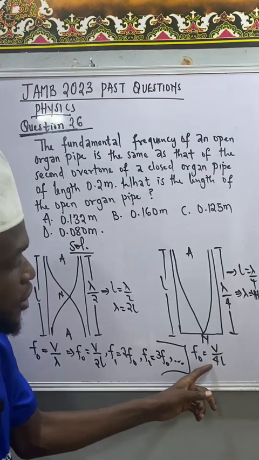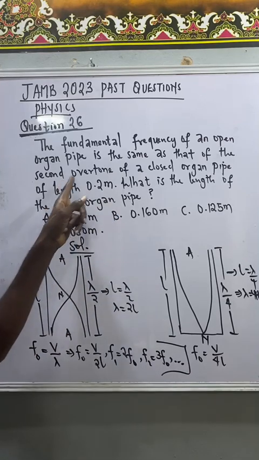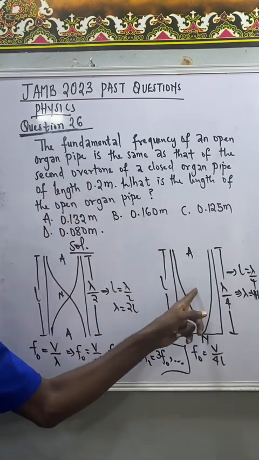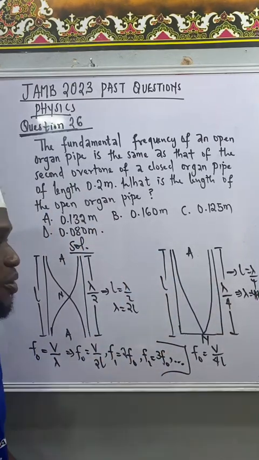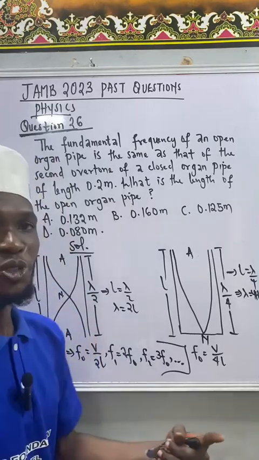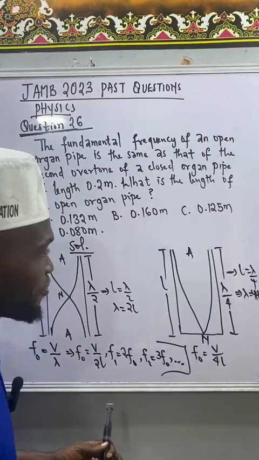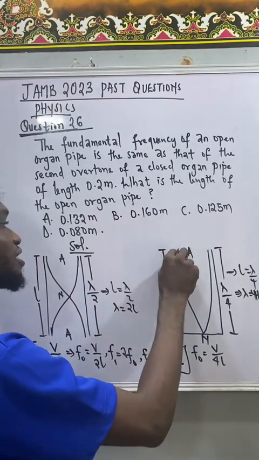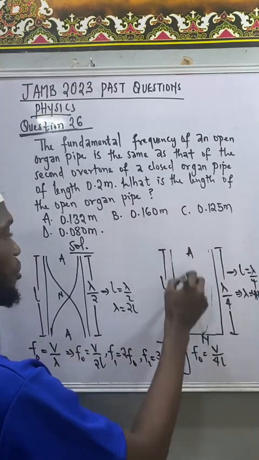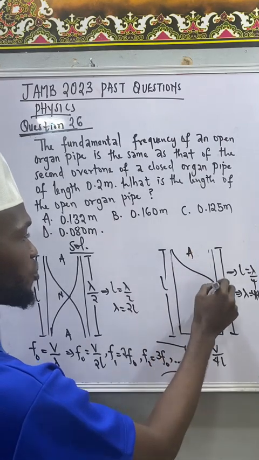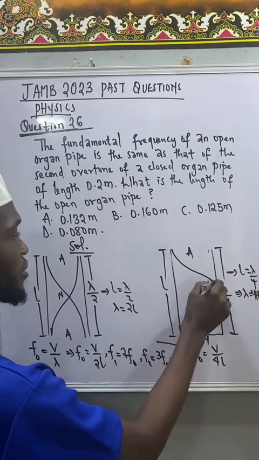Now, this is not actually what they ask us to do. They ask us to use the second overtone in the closed pipe. For a closed pipe, if you want to get the overtones, you use odd number multiples of the fundamental frequency. The first overtone will look like this.